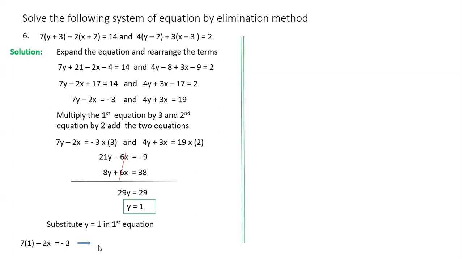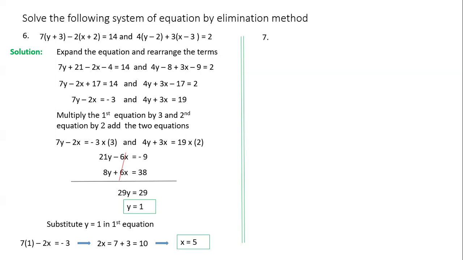This becomes 7 minus 2x is equal to minus 3. Minus 2x, bring it this side, and minus 3 comes this side from plus 3. So 2x is equal to 7 plus 3, that is 10. x is equal to 5. 10 divided by 2 is 5. So x is 5, y is equal to 1.